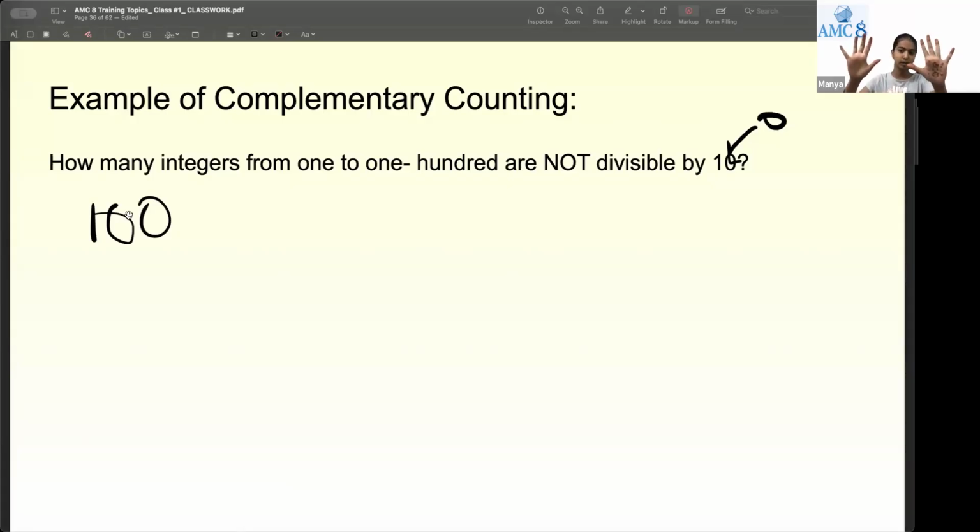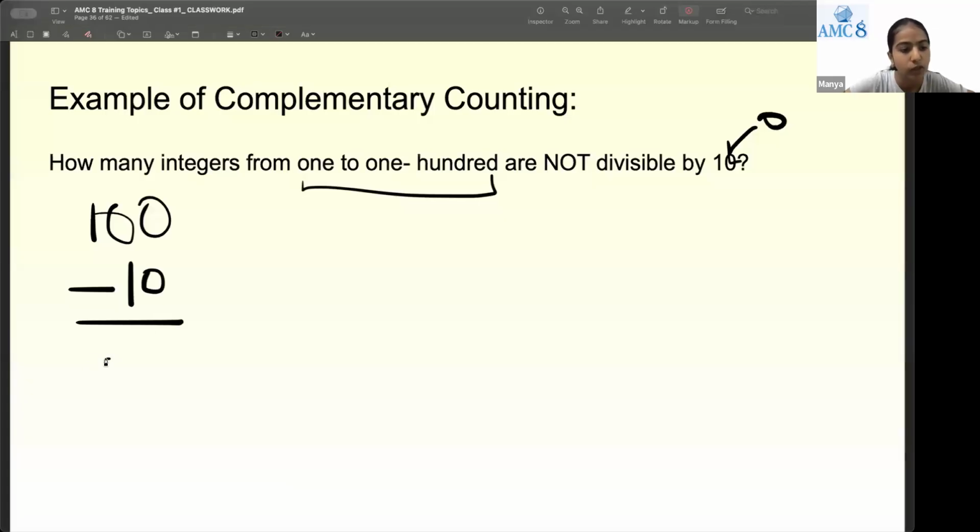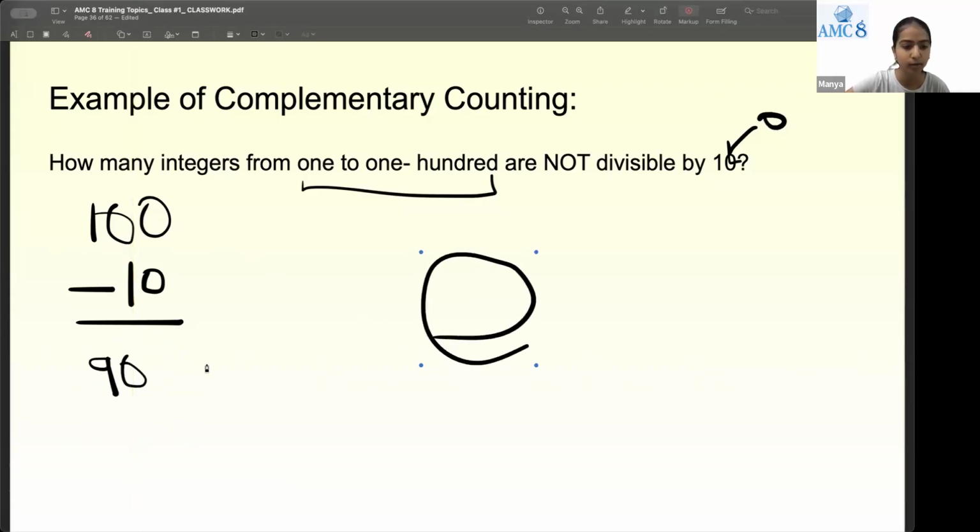There's 10 numbers. We also have to include 100 because they're asking from 1 to 100. So we would do 100 minus 10, which is equal to 90. So there's 90 integers from 1 to 100 which are not divisible by 10, and that would just be our final answer, 90.